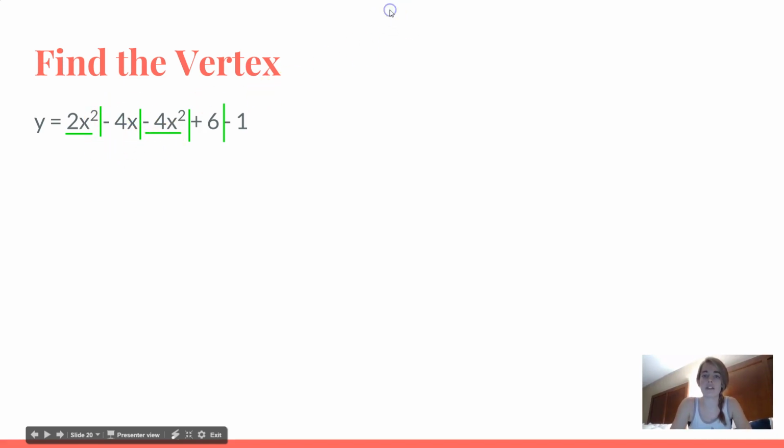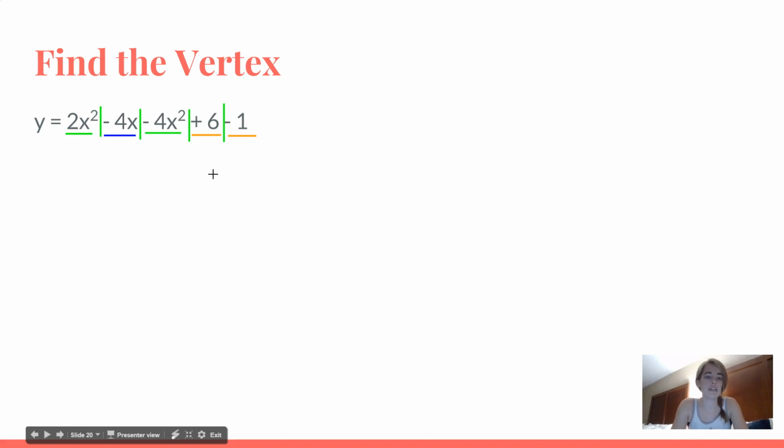I'm going to use a different color since it's a different term. I'm going to bring that down because there's nothing to combine it with. And then lastly, we have constants. Those can be combined. So we have 6 minus 1. So match all the colors up and you will get a brand new expression. Remember, start with largest exponents.